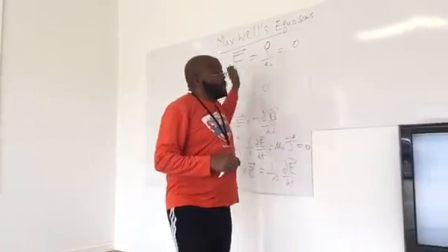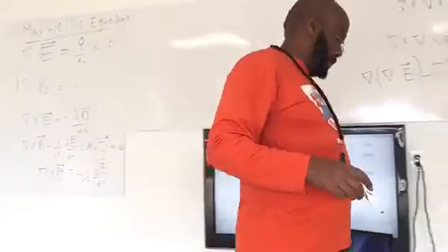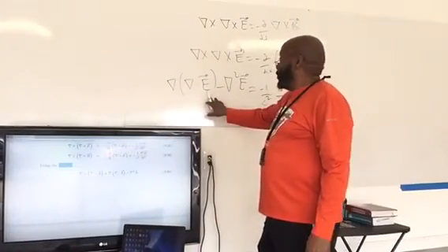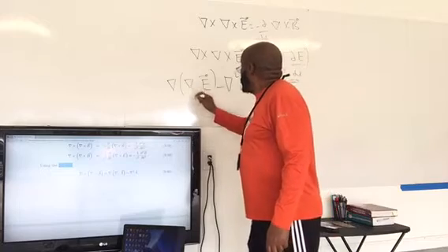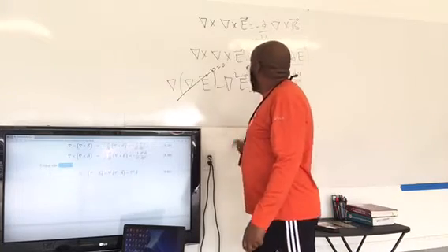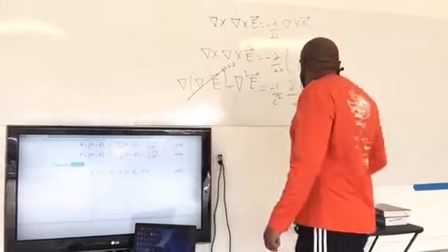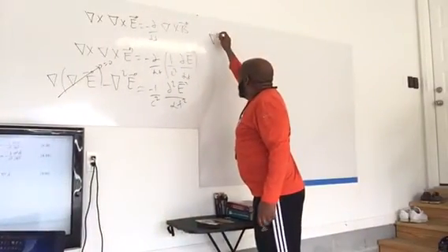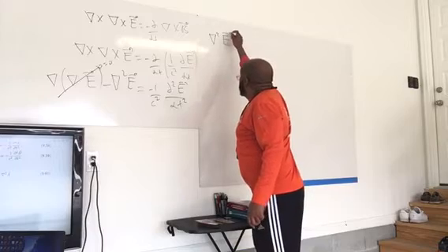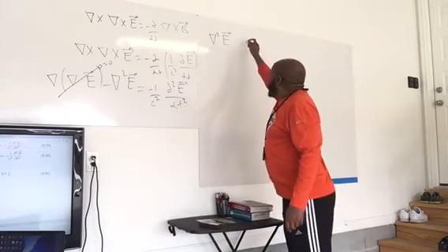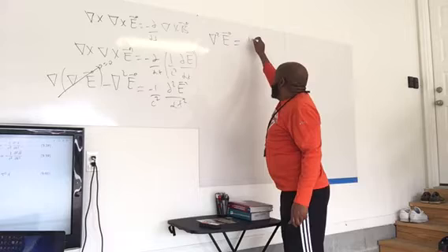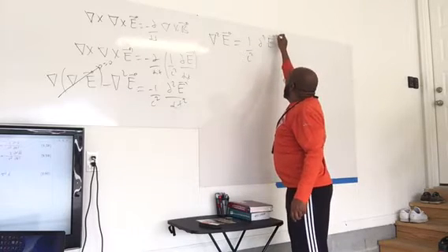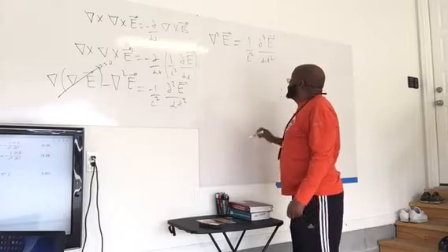If I apply that here, this part is going to be 0, and what you would end up with is the Laplacian of the electric field is equal to 1 over c squared d squared E by dt squared.